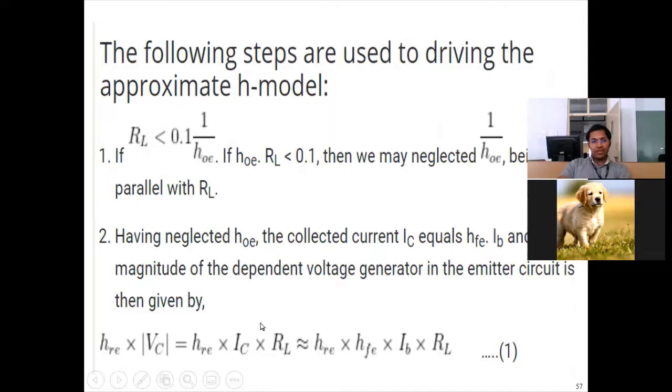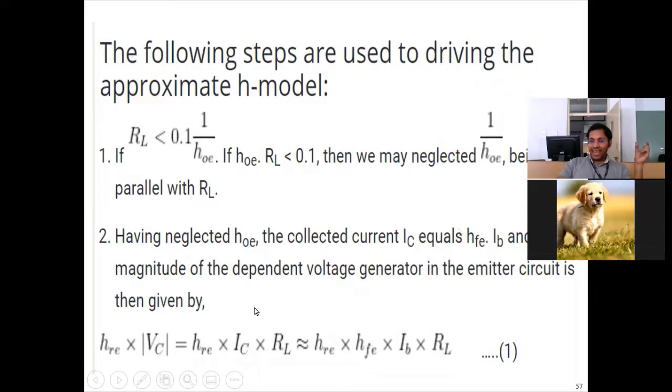First, neglect the larger resistance. When I neglect the larger resistance, IC is simply equal to the current source, which is HFE IB. And then in the term HRE VC, VC is IC RL, considering only magnitude.